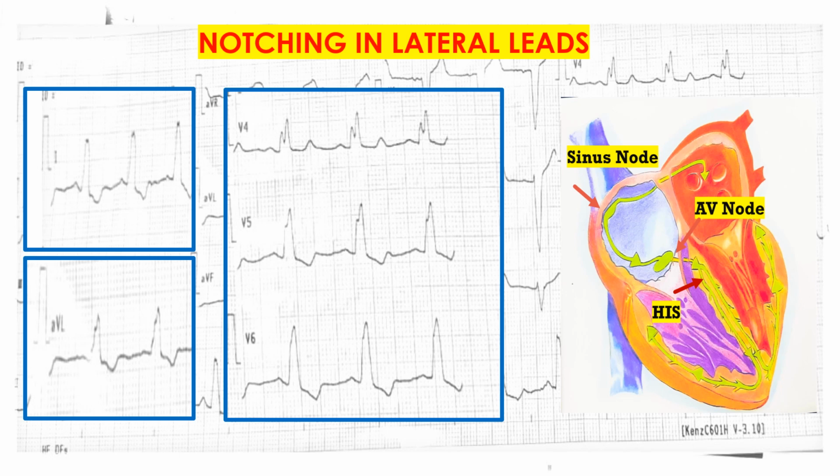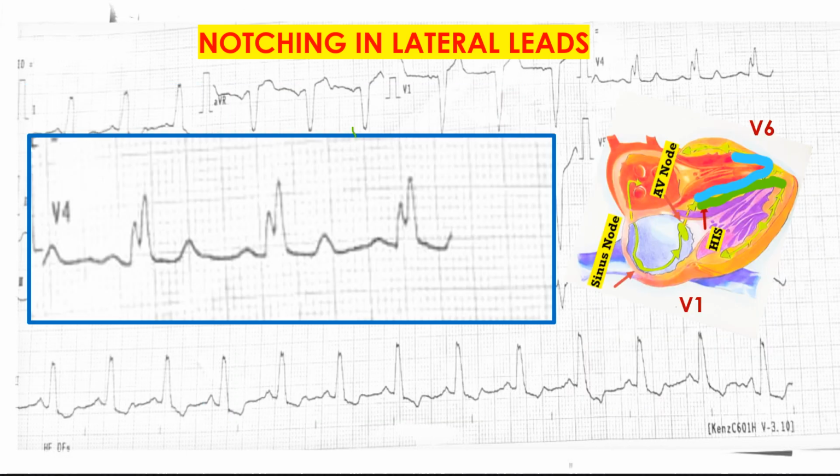This can be explained by this slide. For that purpose, look at leads V1 and V6. This is how they normally represent the heart activity. Why this notch occurs is because of the delayed conduction in these areas. I have highlighted them for you.